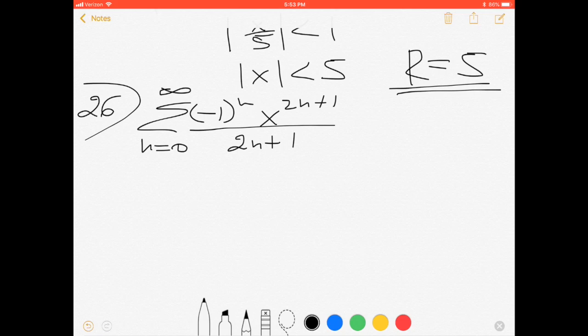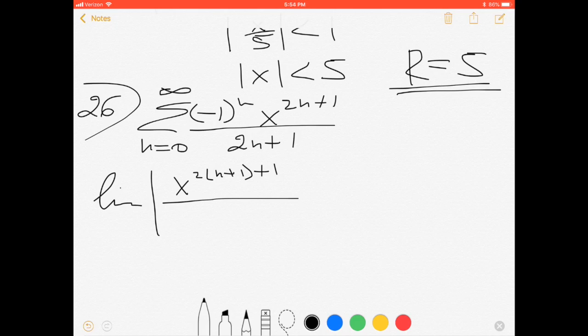Use the same ratio test. You have the limit of x^(2(n+1)+1). How am I counting? This means the n+1 term, where you substitute n+1.